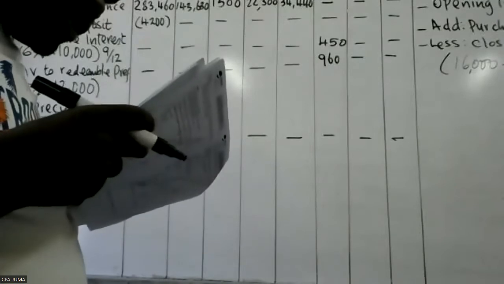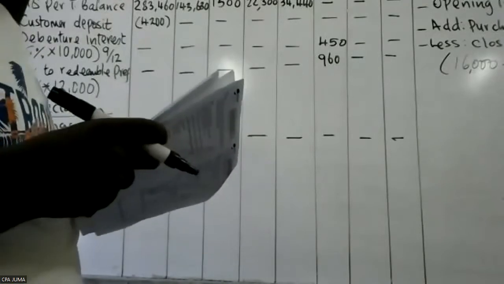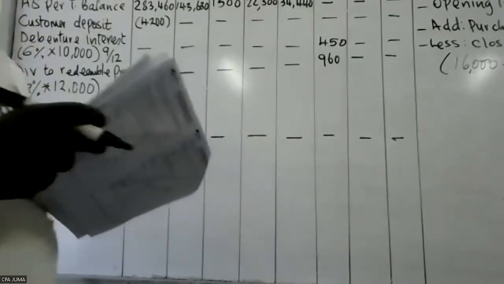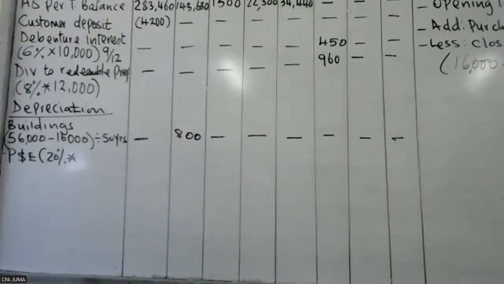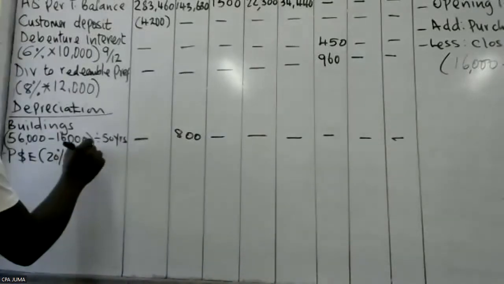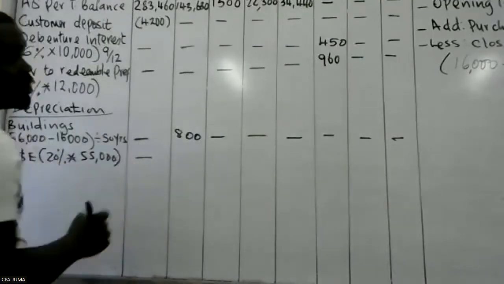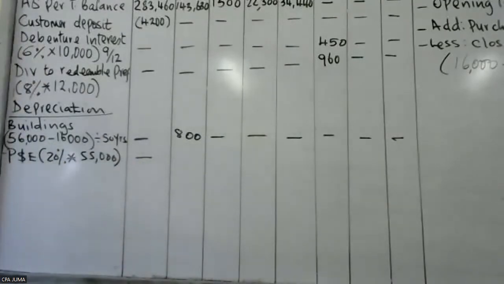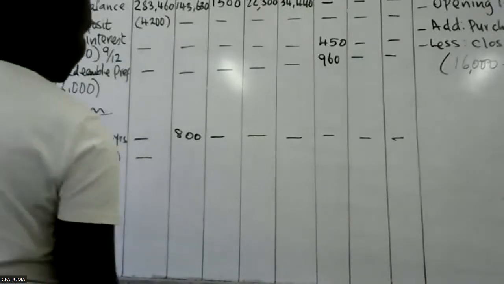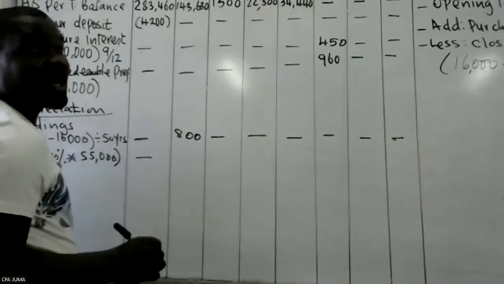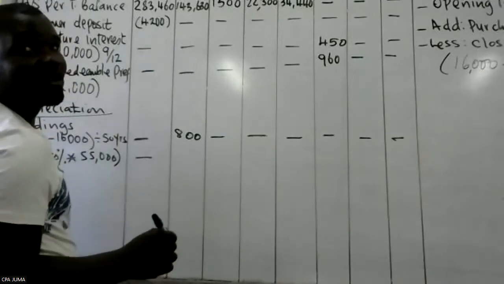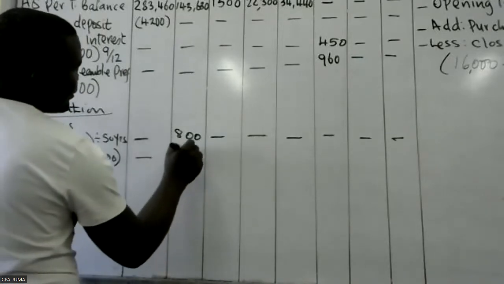It is 55. The cost of plant and equipment, times 55. Whatever you get, we take to cost of sales. So what are you getting? 20% of that? 11,000.